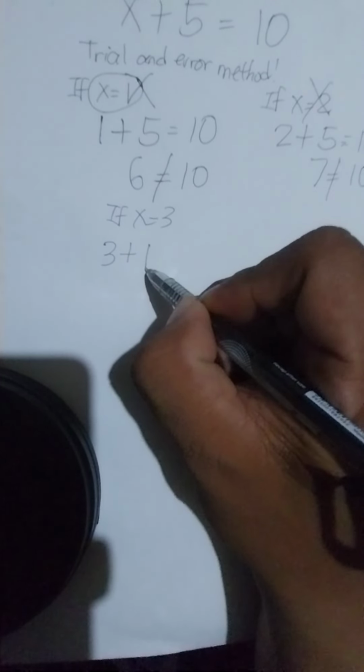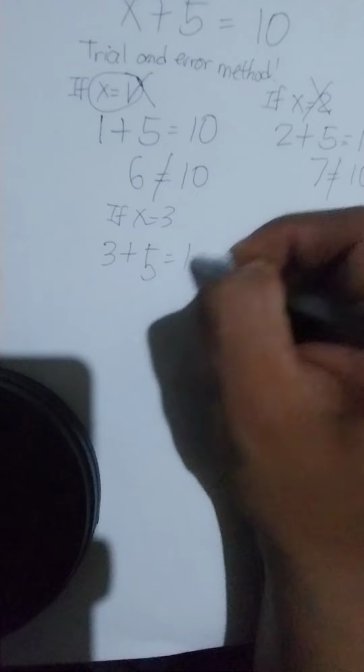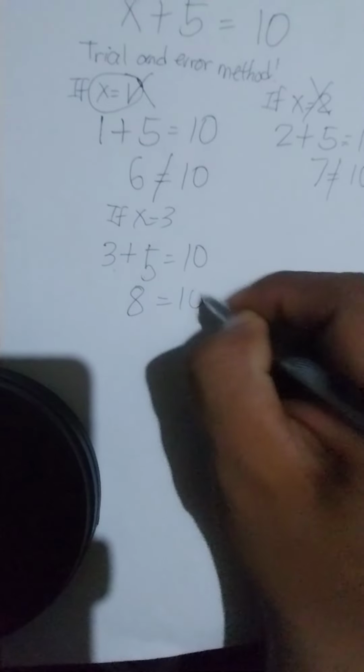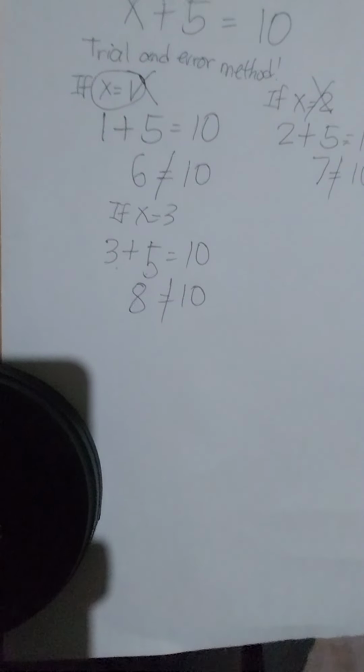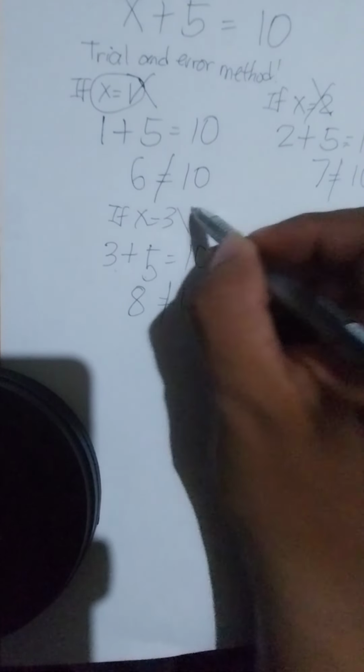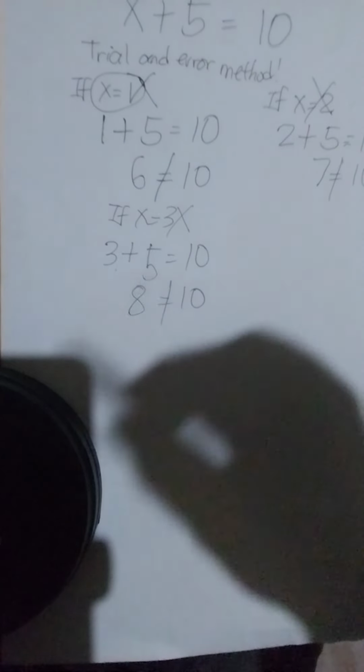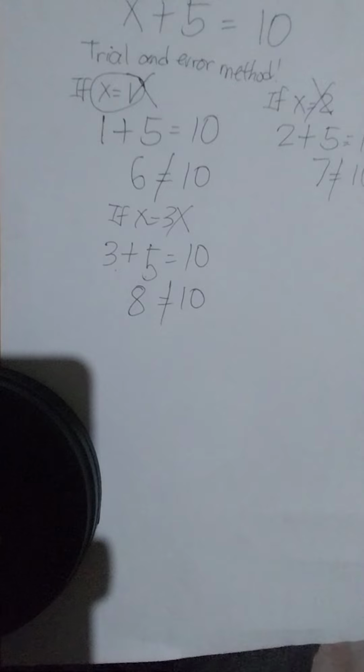Let's try if 3 would be the value of x. Instead of the variable x, 3 plus 5 equals 8. So it is definitely not correct. If you substitute the value of 3 into this equation, it is not equal.